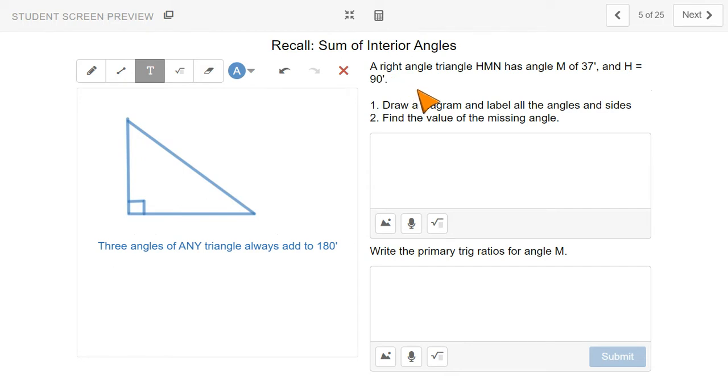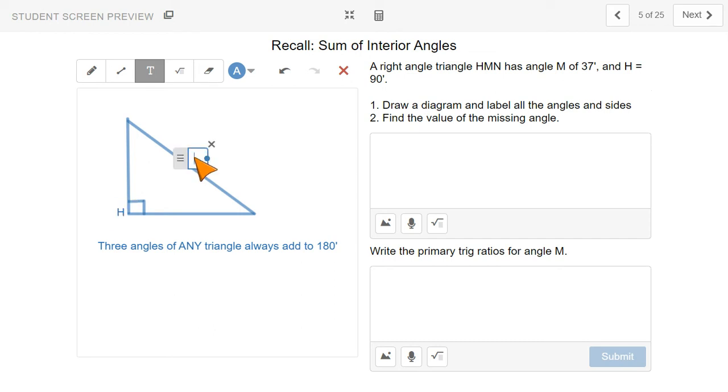Just another quick review about naming convention. When we're talking about a triangle like this, HMN, the capital letters represent the angles, and the little letters that match these are the corresponding sides. So we have here H as our 90 degrees.